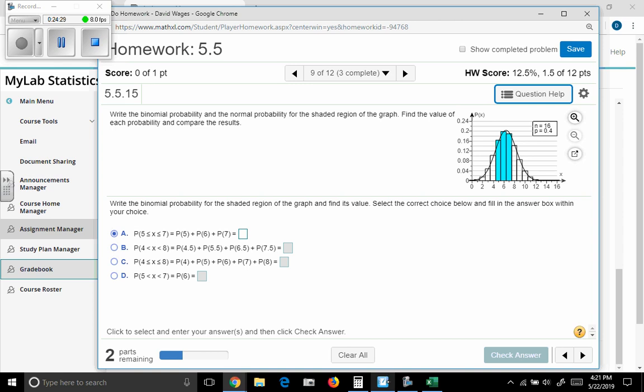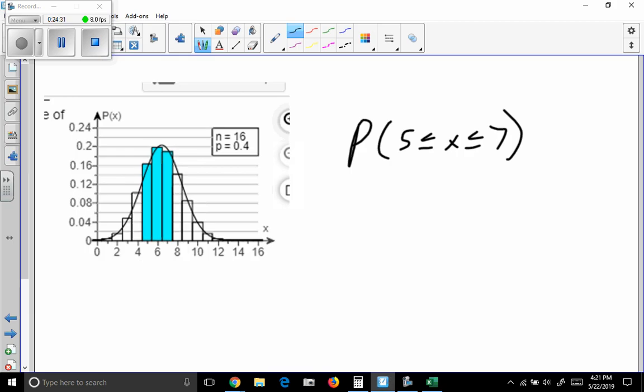Then it wants us to actually do that calculation. Well, remember, since this is binomial, we have a whole formula for that based on N, P, and Q. Remember, Q is the complement of P, so 0.6.